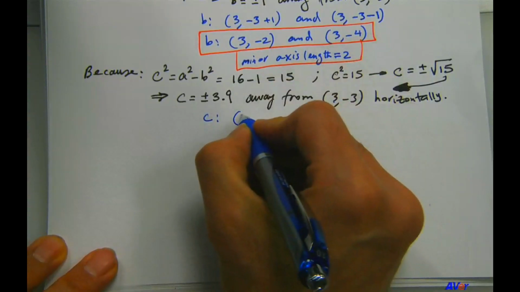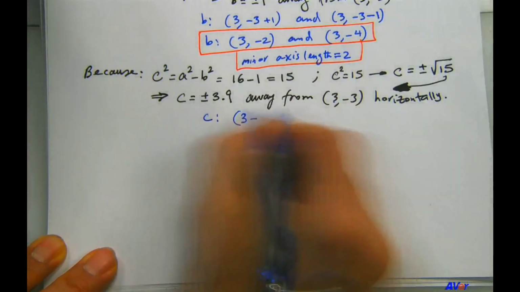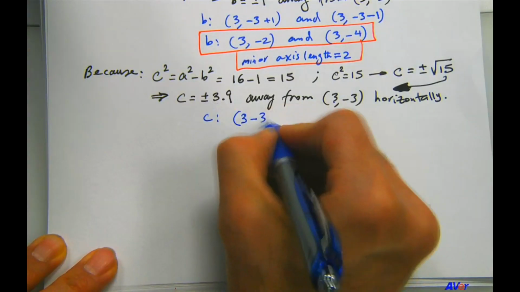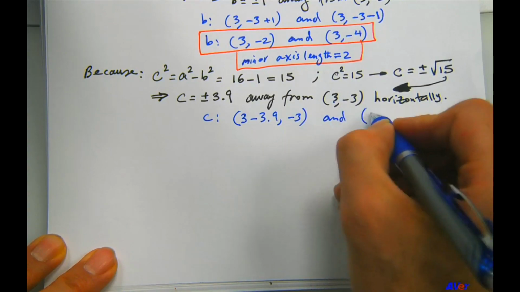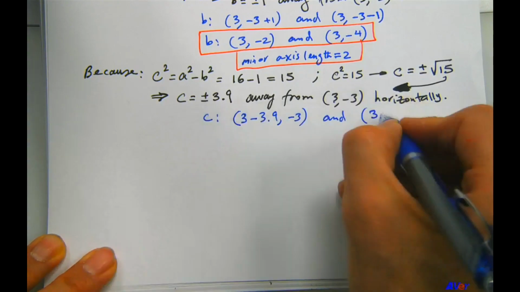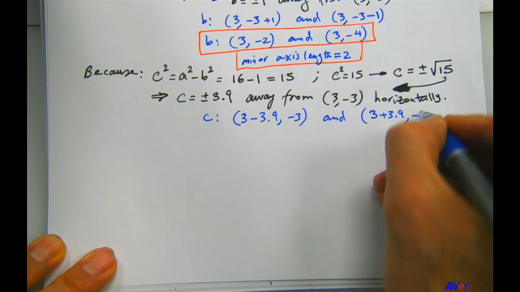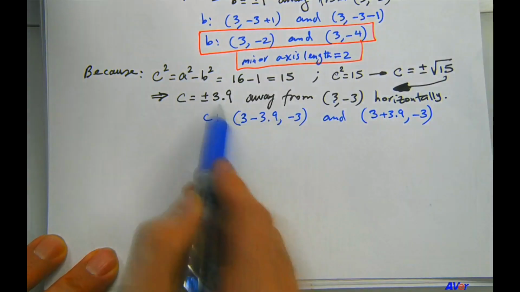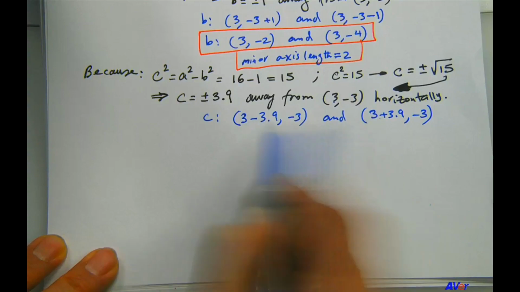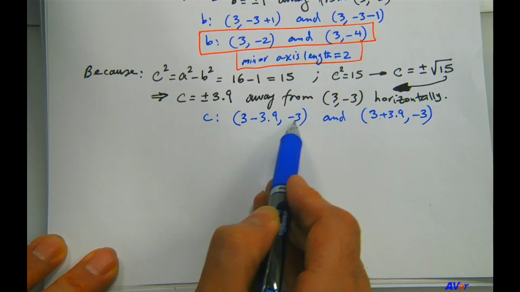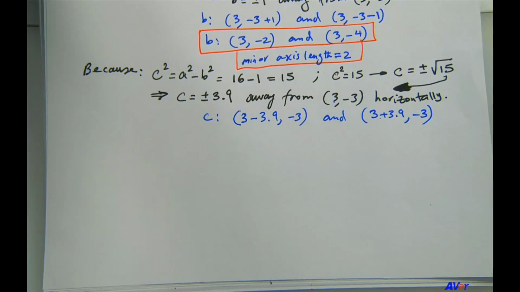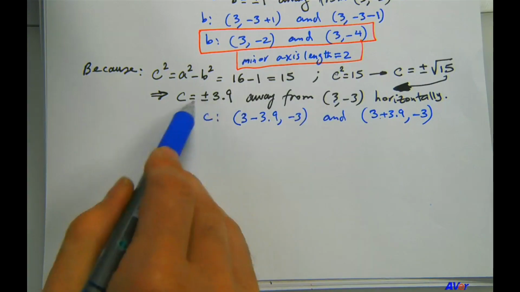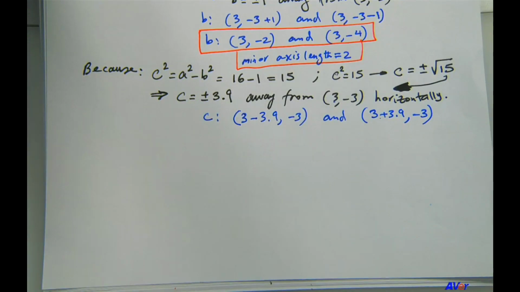So we'll have 3 minus, right? The shift is horizontal. So 3 minus 3.9. The vertical component stays as it was, and 3 plus 3.9 comma negative 3. Notice how the shift is affecting the x components because that's the horizontal direction, and it's not changing anything with respect to the y components, right? So the shift is horizontal, the shift for the focal points is with respect to the major axis, right? Not along the vertical axis.